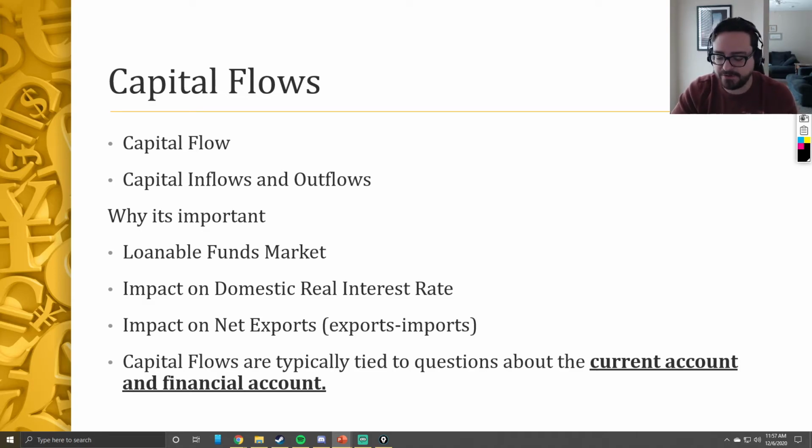Now, why that matters is because of a graph we have already covered, and that is the loanable funds market graph. The loanable funds market was based on the idea of how much money banks have in your economy and their ability and desire to loan out that money. The supply of loanable funds was how easy it is for banks to loan out money.